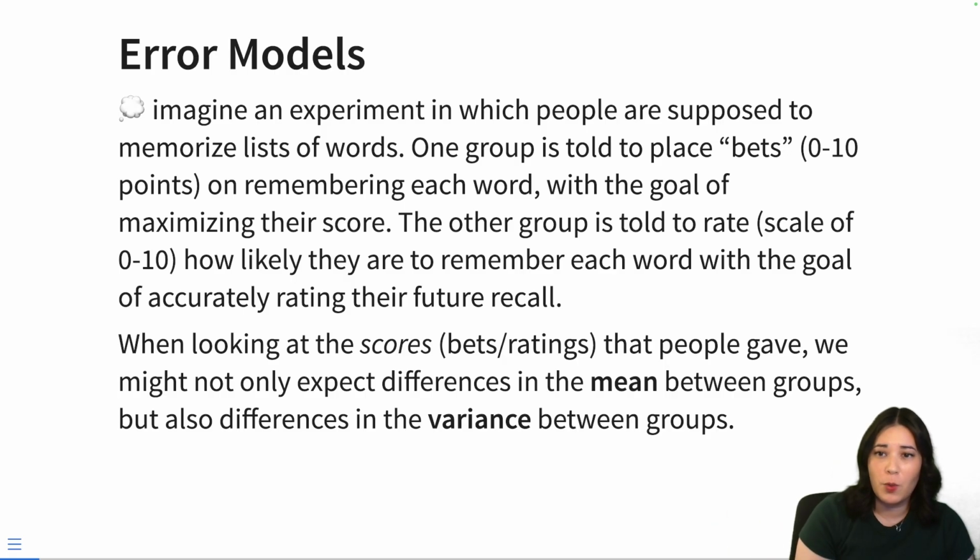Now, when we look at the scores, everyone's giving us answers on a scale of 0 to 10. We might not only expect differences in the expected value or the mean of the different groups, we might also expect that the answers we get from each group are also going to differ in the variance of their answers.